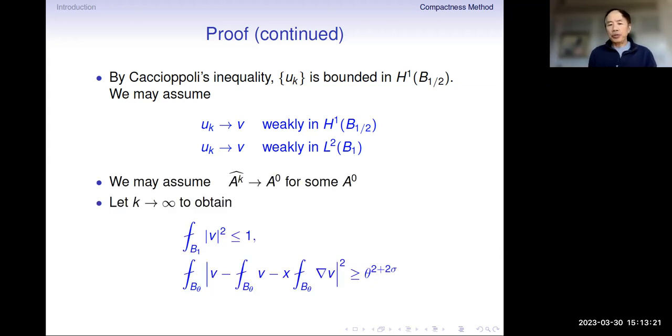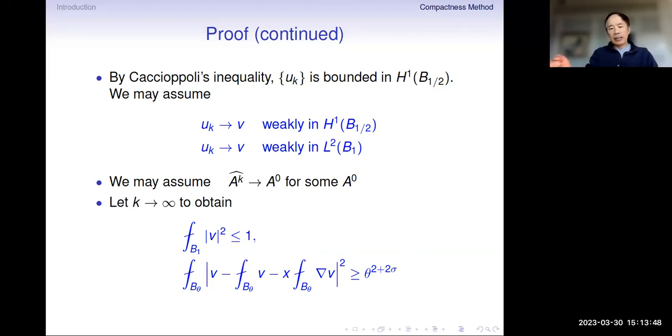We can also assume, by passing to a subsequence, the homogenized matrix of A k converges to A0, because they are constant and bounded, so a subsequence converges. And then you take the limit in the inequalities. Okay, so assuming u sub k is bounded, you can apply Fatou's lemma.